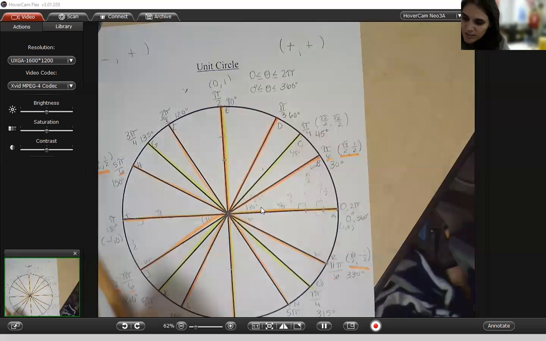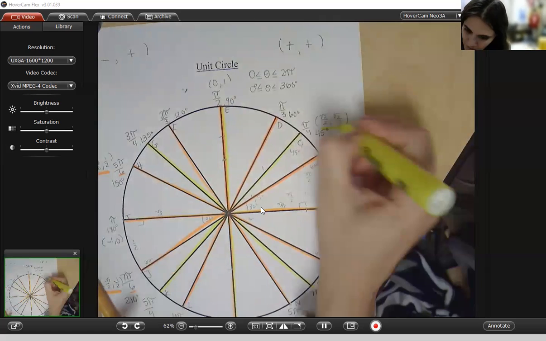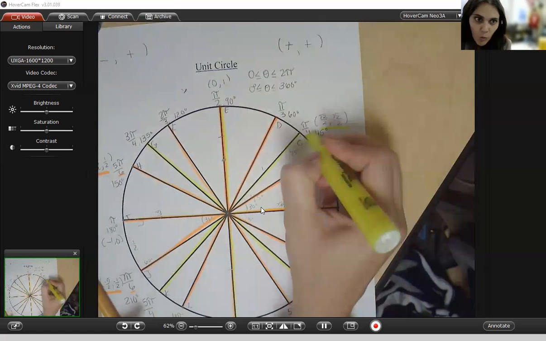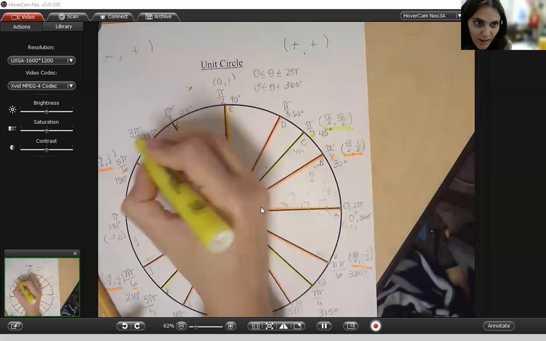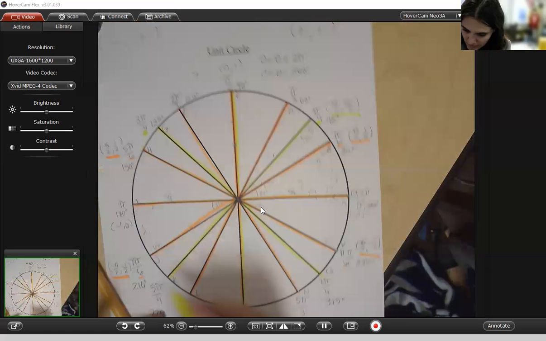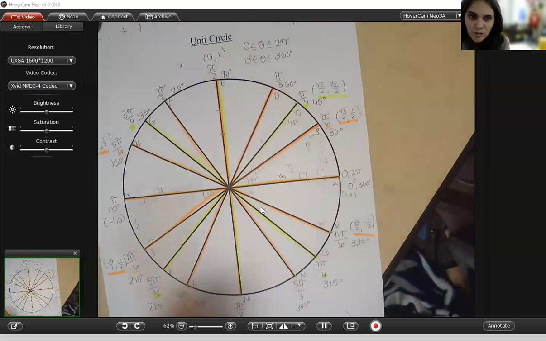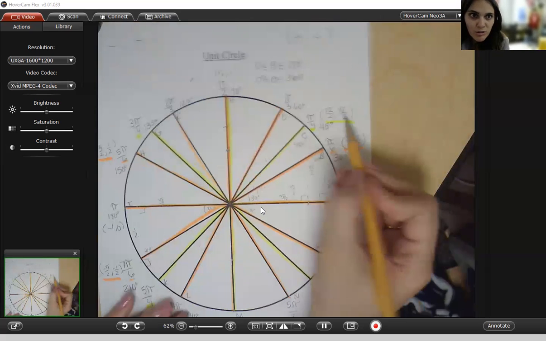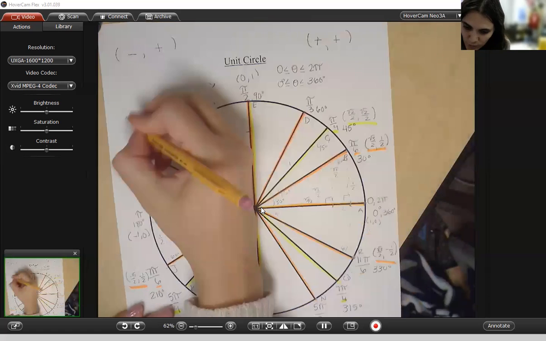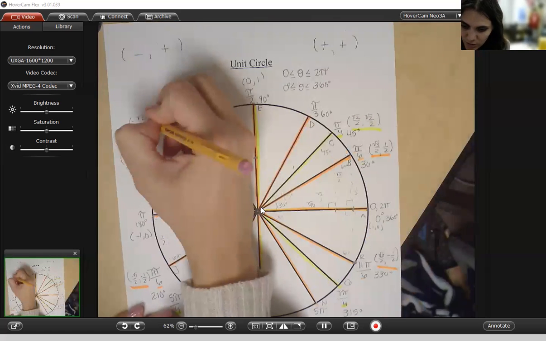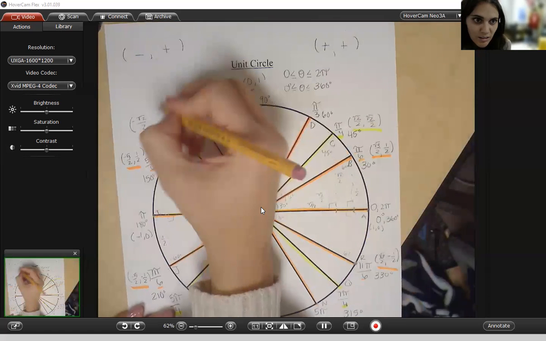And I want you to notice, underline these in yellow, everything with a 4 is going to have the same distance in their coordinates. They are all going to be rad 2 over 2, comma, rad 2 over 2. They'll just have different signs. So over here I have negative rad 2 over 2, comma, positive rad 2 over 2.